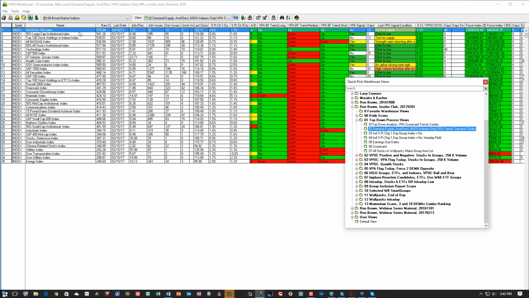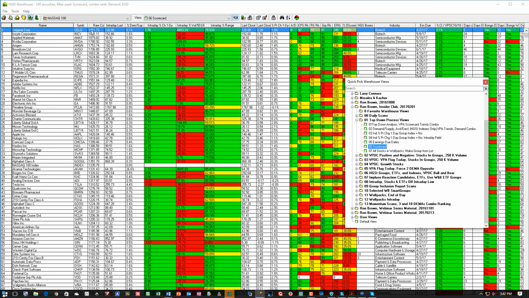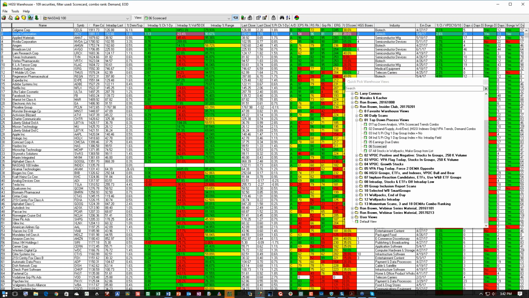This tells me the NASDAQ 100 was strong today based upon the demand combo. And if I want to see where the strength was, all I do is change to the index group, and then I go down to the scorecard and sort on this. It tells me that Celgene was one of the strongest stocks today, followed by INCY, AMAT, and then NVIDIA.